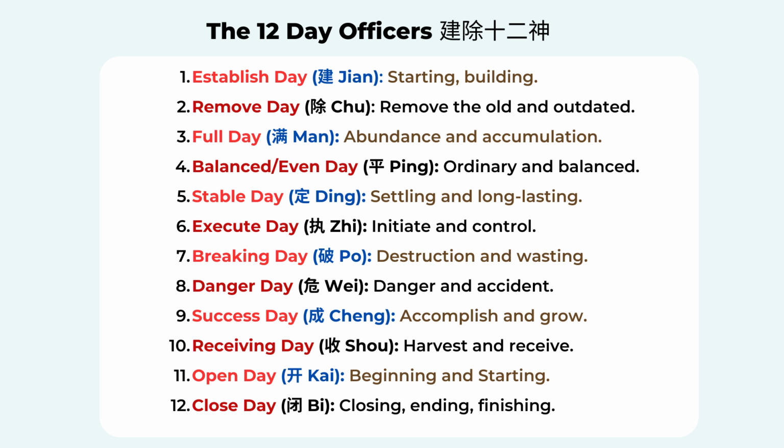For example, for the established day, it's lucky to start a construction, getting married, starting a business, or travel. For the removing day, it will be lucky to have a house cleaning or redecorate your house. So that's one way to pick a lucky day.